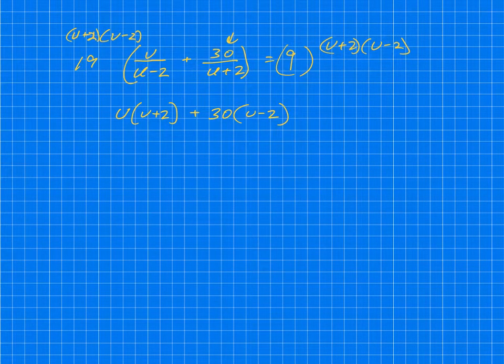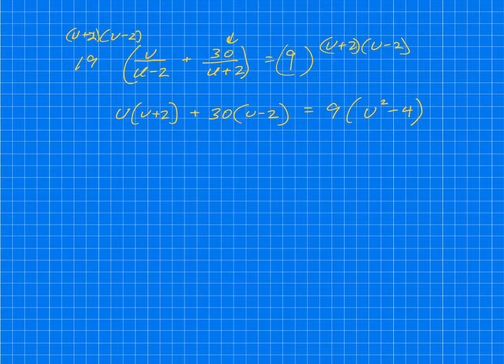And then over here on this side, we still have the 9. There's no denominator, so we have to multiply the whole thing out. I don't know if you remember that u plus 2 times u minus 2 comes from u squared minus 4. You may not remember that, but you remember u plus 2 times u minus 2 comes from that difference of two squares?